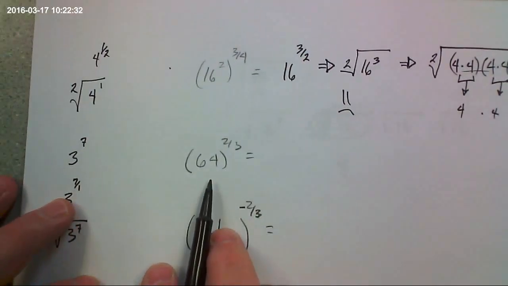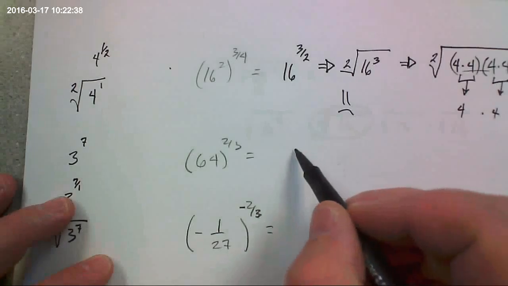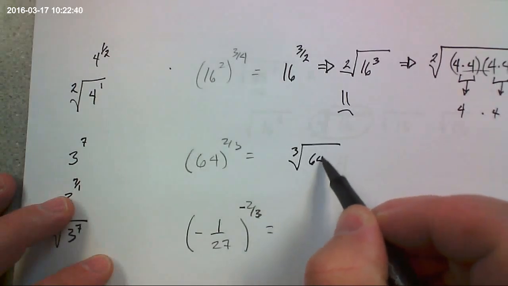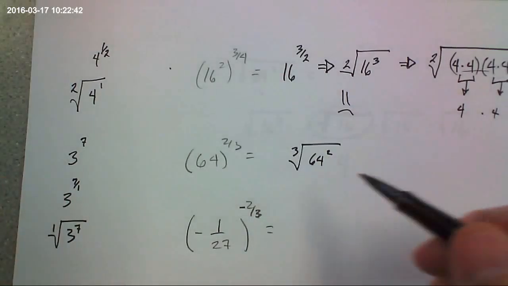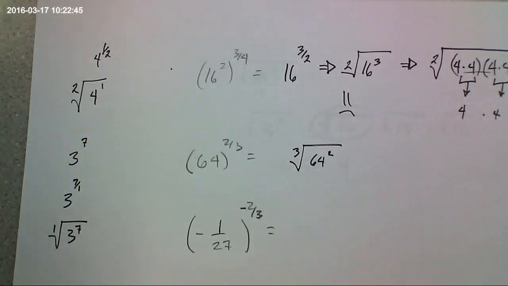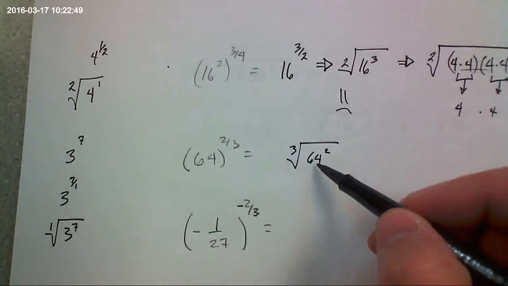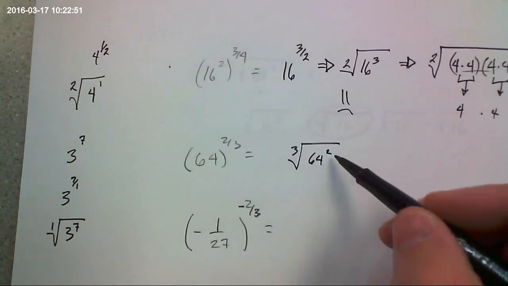Next one. You ready? This one was easier, if you remembered that. Now I happen to remember that the cube root of 64 is 4. 4 cubed is 64. So the cube root of 64 is 4. And I have 2 of them.